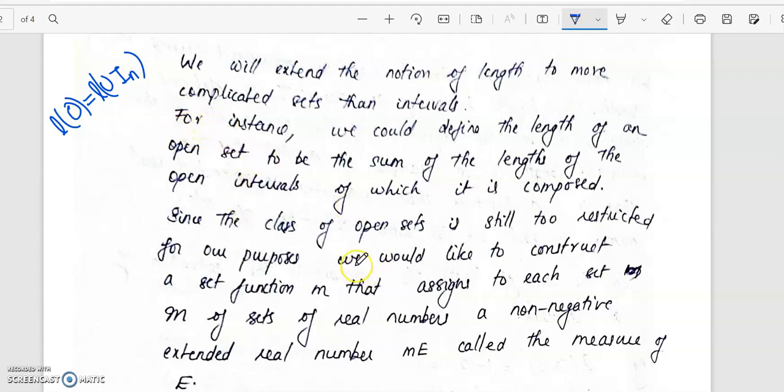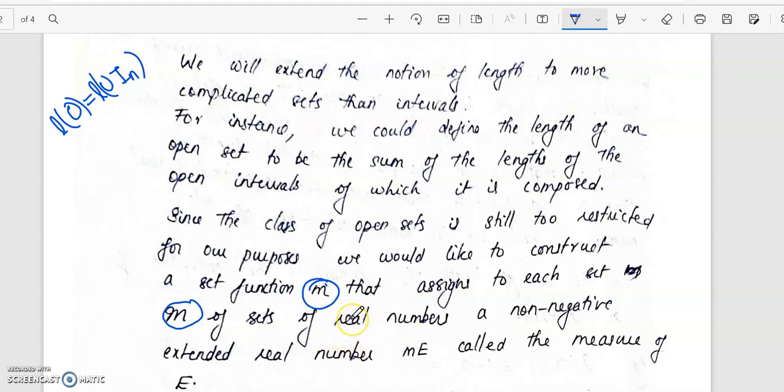So here we will be defining a new set function, which we call m. So m is our measure. Now measure will assign a non-negative extended real number to each subset of real numbers. So script m is what we define as the collection of subsets of real numbers. That can be any type of set.